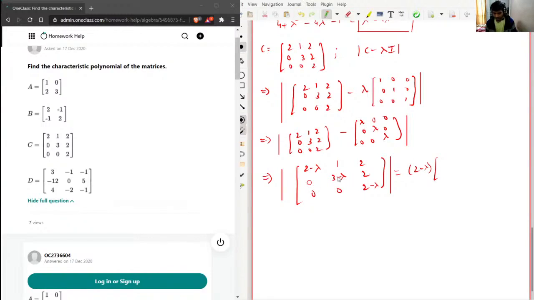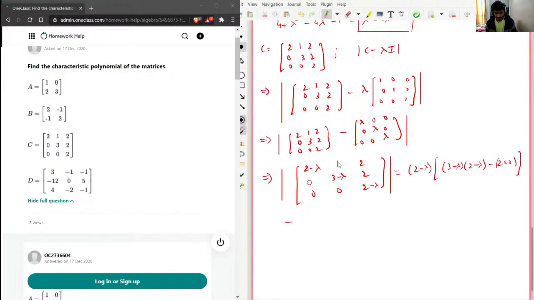This will be 3 minus lambda times 2 minus lambda, minus 2 times 0, so 2 into 0.